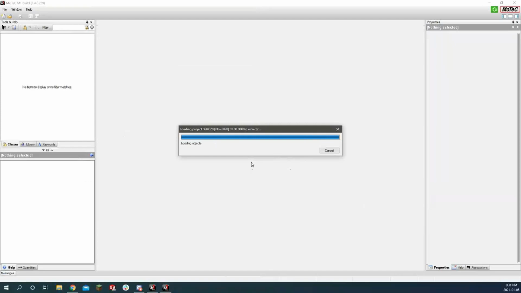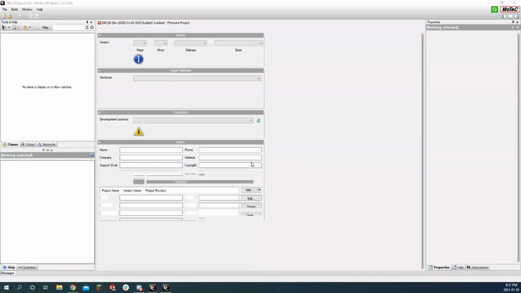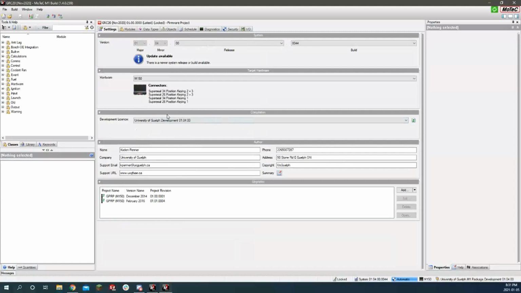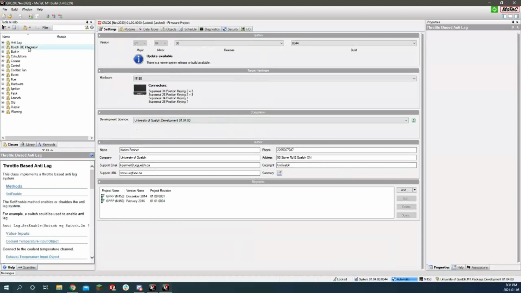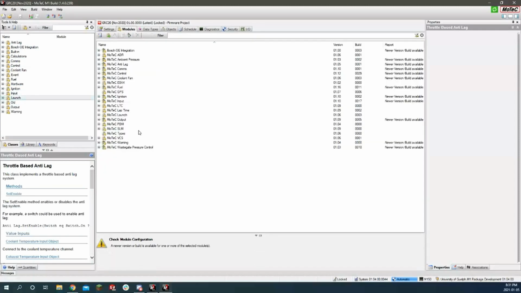So if you have a really specific application, like you have some fancy system on your car that's not controlled in the parameters that we've gone through, you can make your own firmware to control it. You see where it has all the stuff based off of calculations, anti-lag, input, launch control. These are all things that it has built into it.